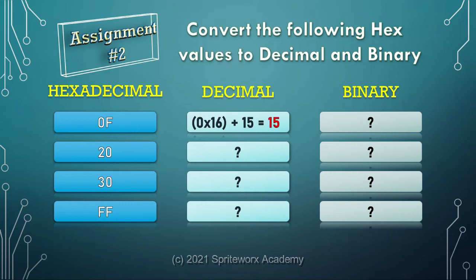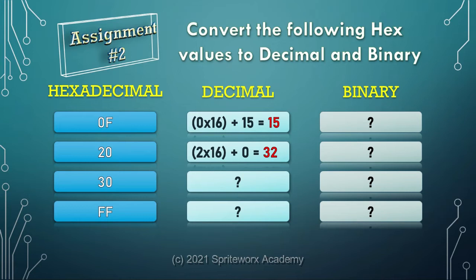Now let's go down to our next question, which is a hexadecimal value of 20. So again, let's start with the leftmost digit, which has a value of 2. So we know that there are 2 multiples of 16, which gives us 32. And to that, we need to add the rightmost digit, which in this case has a value of 0. So 2 times 16 is 32 plus 0, giving us a total value of 32.